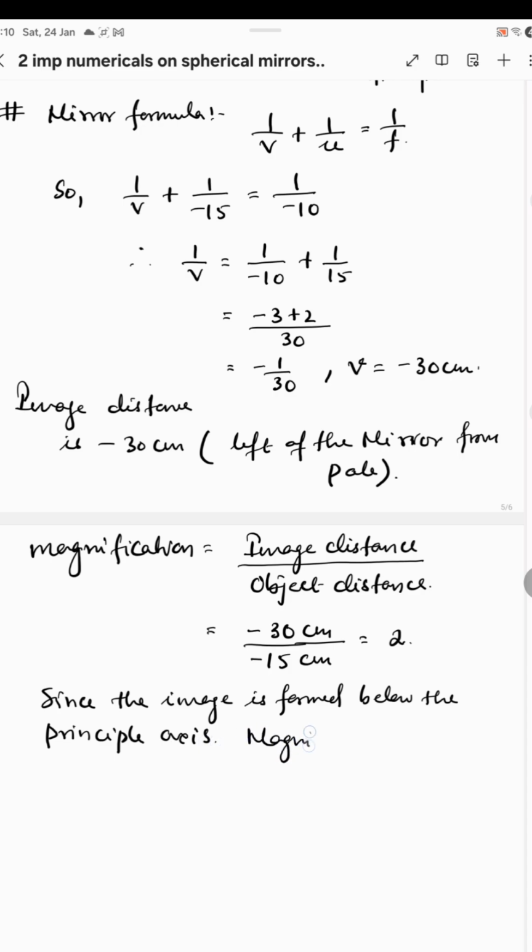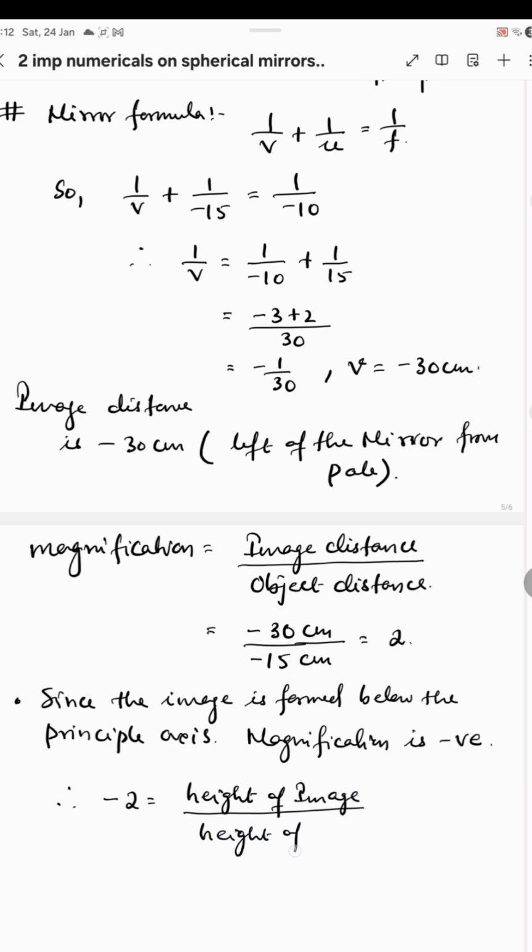Again equating magnification as height of the image divided by height of the object. Now the height of the object we know is given as 1 centimeter.